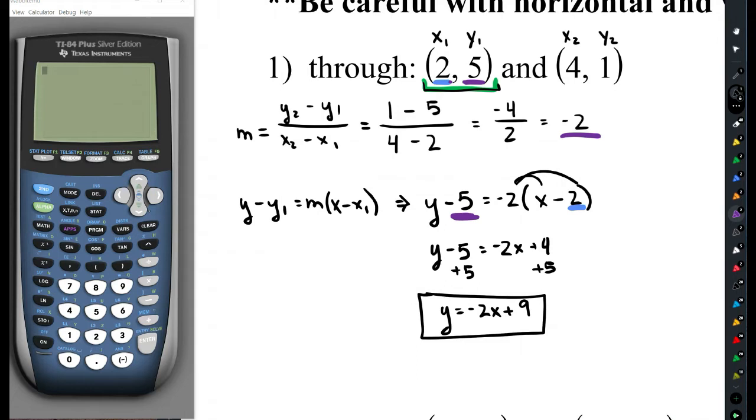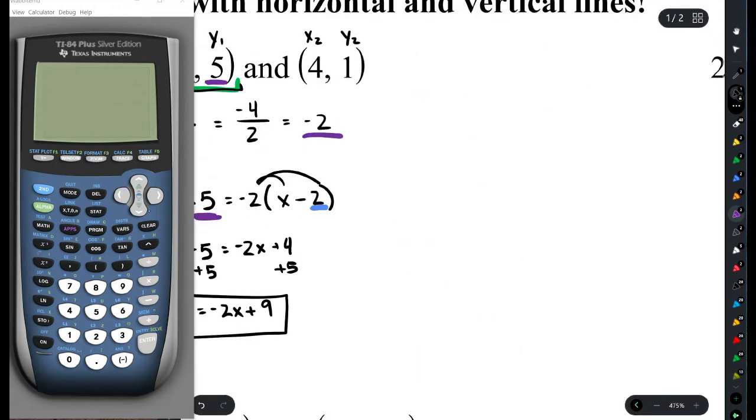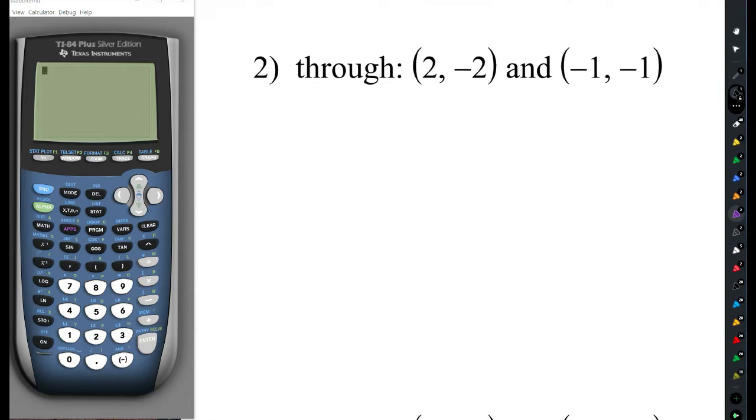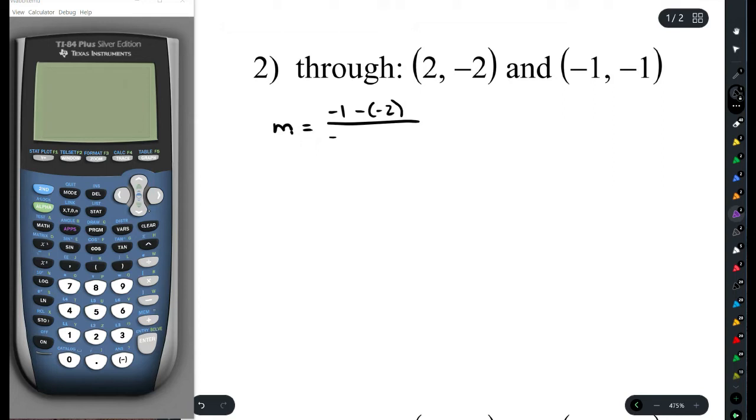Okay, so just take your time, avoid little mistakes. Number 2 here. Got some negatives, so you want to be a little extra careful. First off, we got to find the slope. Need to know what slope's going on here. y2 minus y1 all over x2 minus x1.